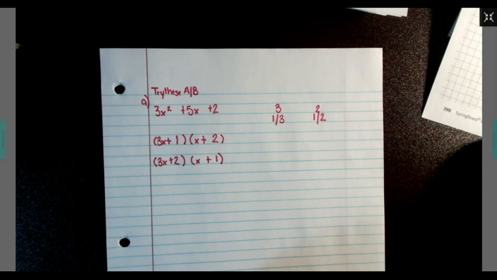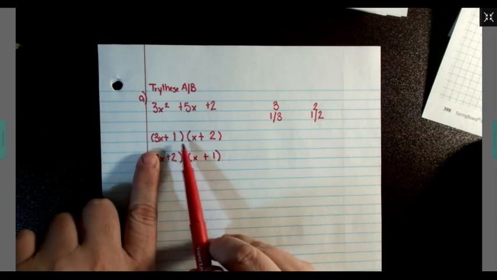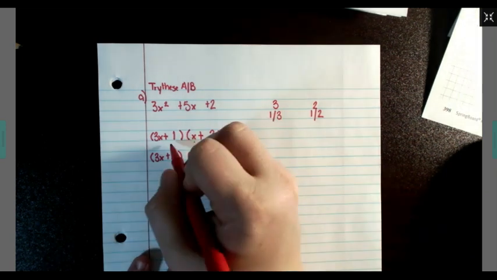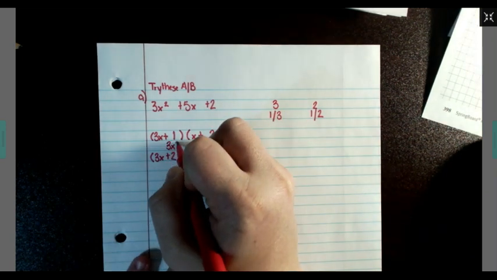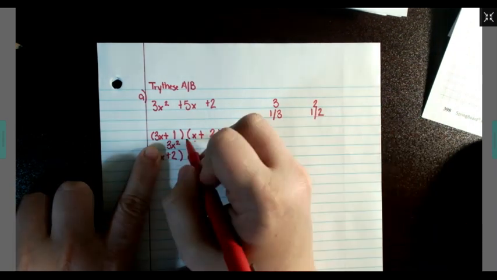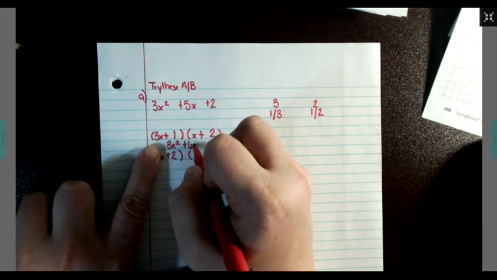And we're going to do the guess and check method. Okay? Let me ask you, if we do 3x times x, we get what? 3x squared. If we do 3x times 2, we get 6x.